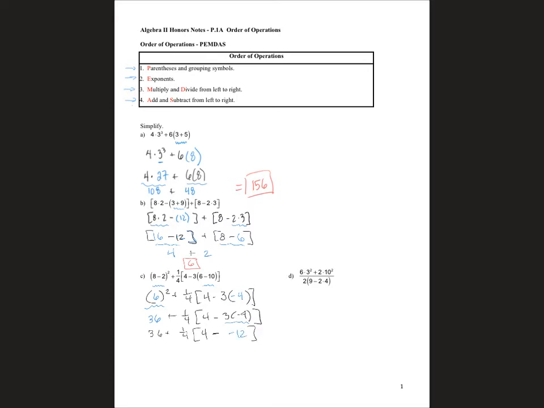And then simplify inside the parentheses. So I have 36 plus 1/4 times 4 minus a -12 becomes 4 plus 12, which is 16.